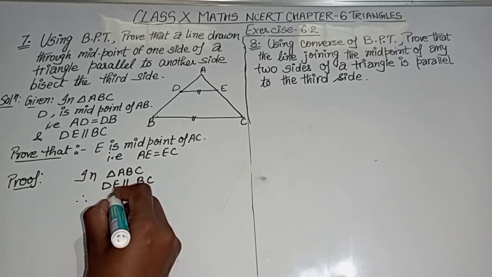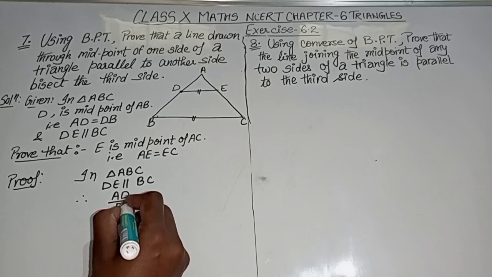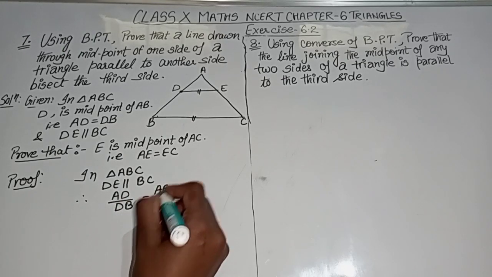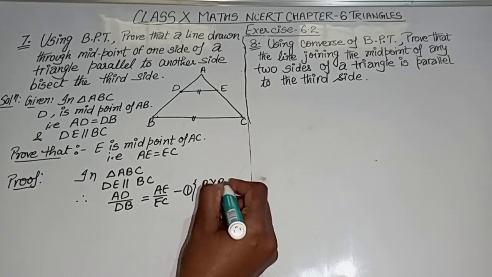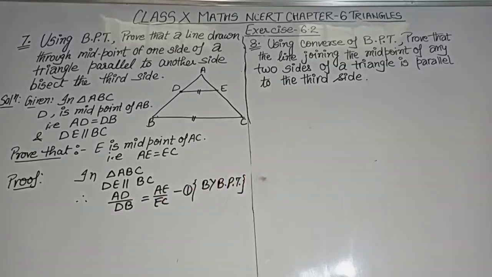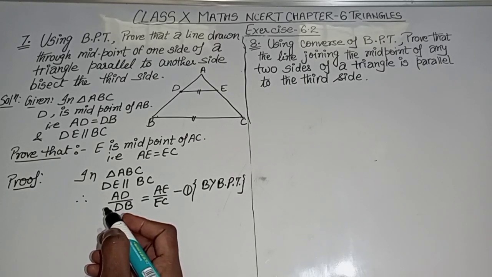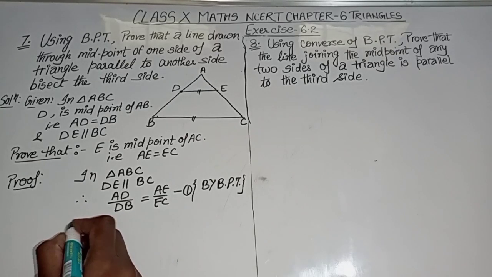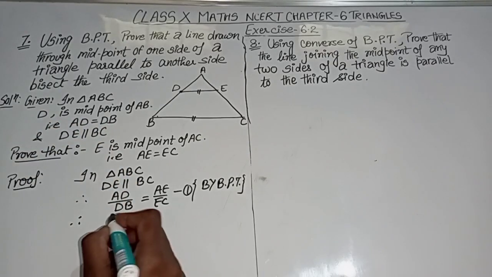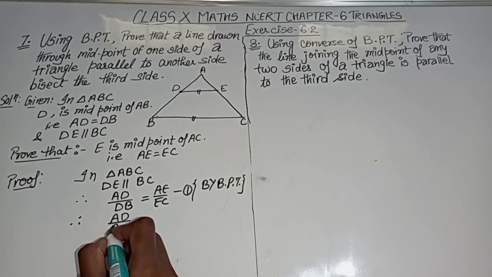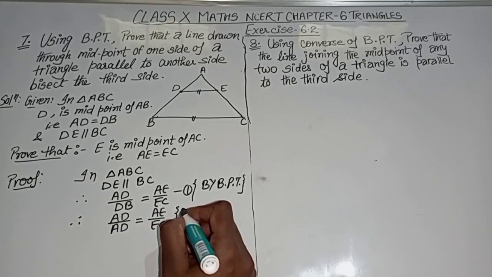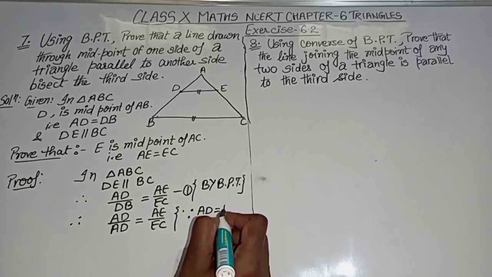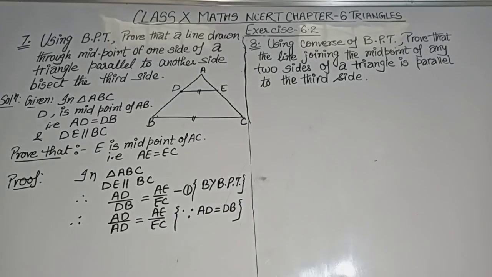So AD upon DB is equal to AE upon EC, equation 1, by the basic proportionality theorem. Now, since AD is equal to DB, AD upon DB is 1, so cancel out.